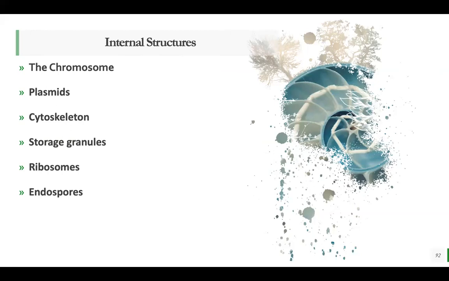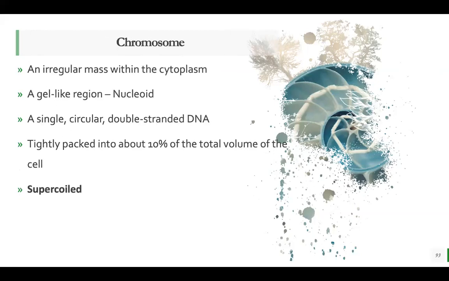So starting from the chromosome, when we talk about this, we are familiar with it that this is a prokaryotic cell, so there would be no distinct nucleus. If there is no distinct nucleus, then where is the DNA and where is the genetic material present? So the genetic material of the prokaryotic cell is present at the center of the cell, and this portion is just a gel-like region called the nucleoid.